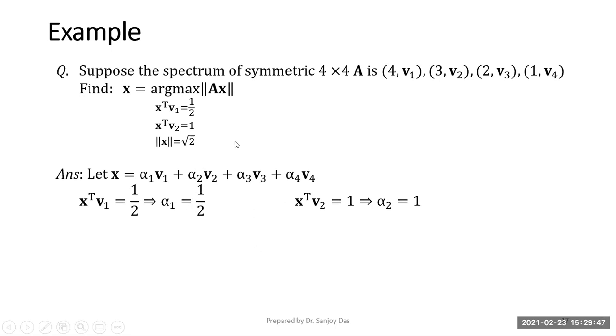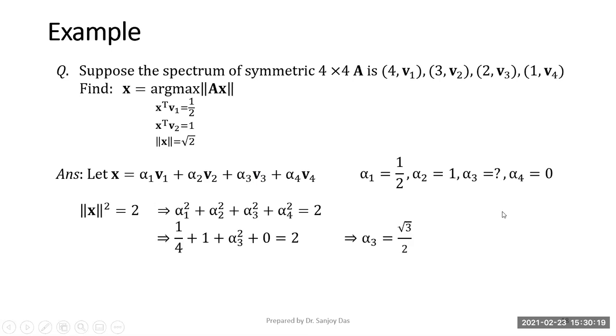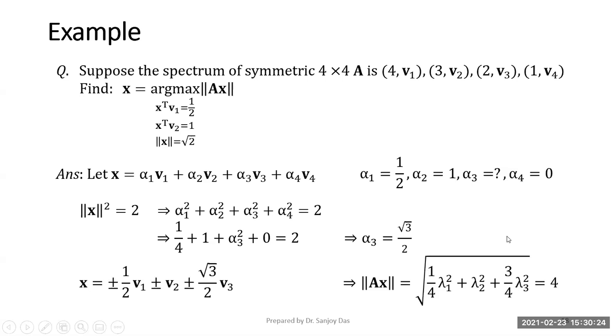We let alpha 4 be equal to 0, and we let alpha 3 be whatever would meet this constraint. So in order to make the L2 norm squared equal 2, we must let alpha 3 be equal to square root of 3 over 2. Okay, so this is our solution.